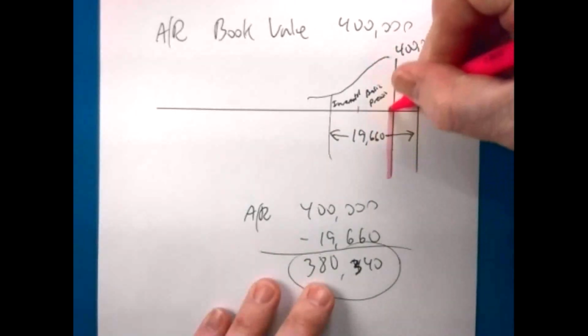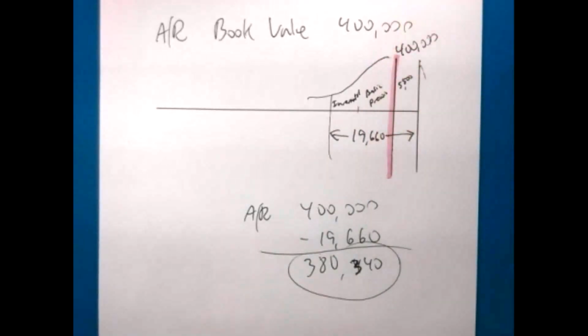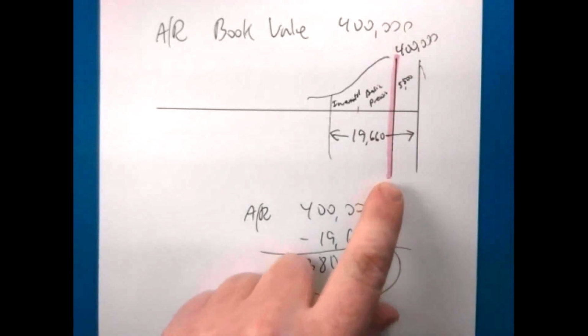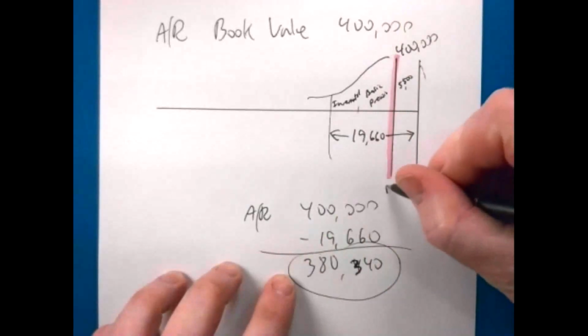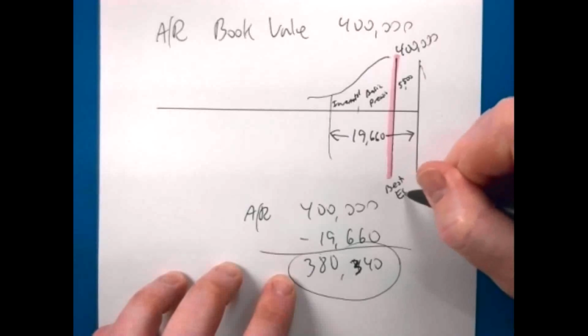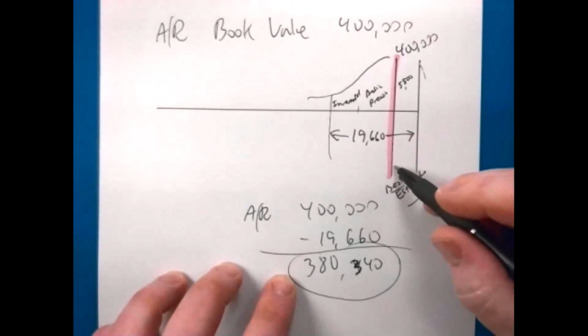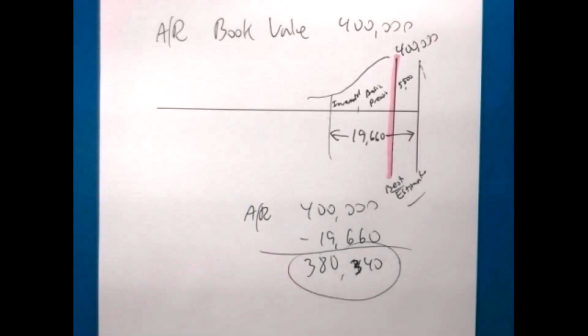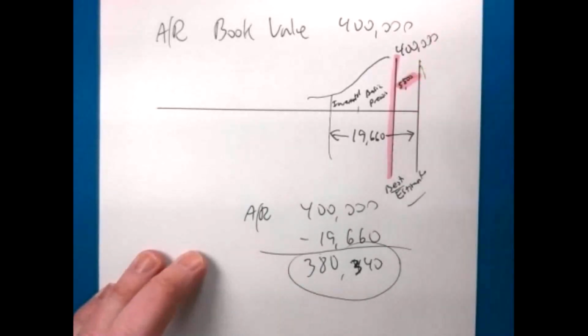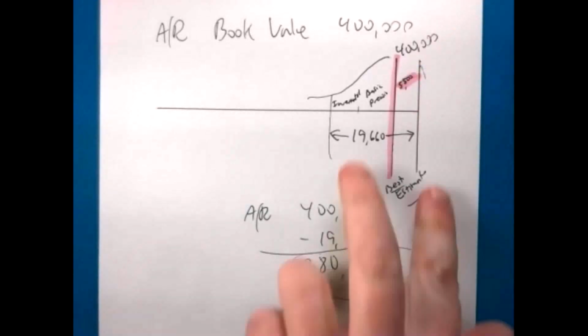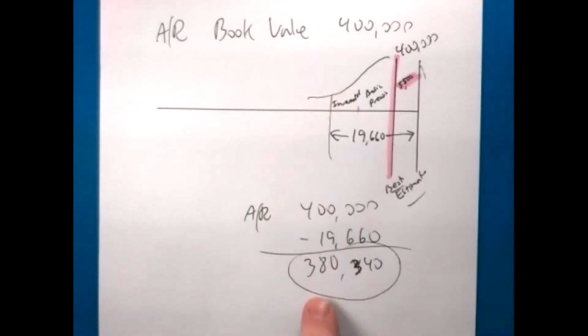If you had to estimate what it's off by, this is the best estimate. However, it's 5,500. However, it could be off by up to 19,600. It could be as low as 380,340.